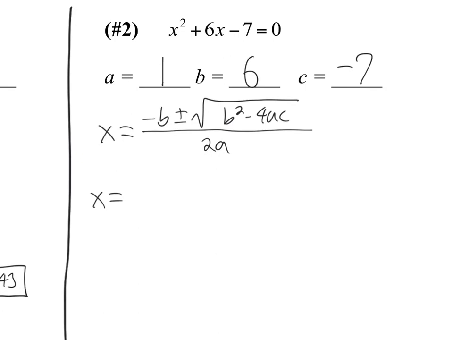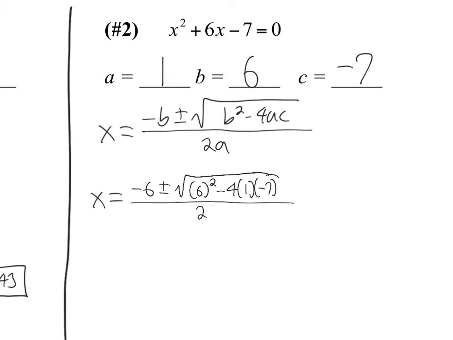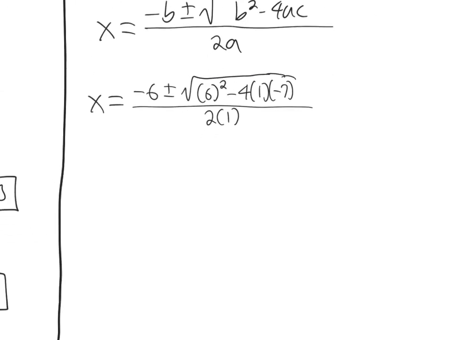So okay, let's go ahead and do this now. The opposite of b is -6, plus or minus the square root of b squared, which is 6 squared in parentheses, minus 4 times 1, which is a, times c, which is -7, all over 2 times a, which is 1. Let's keep going.